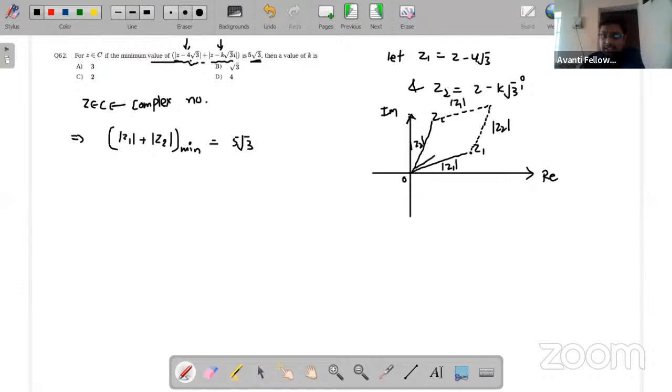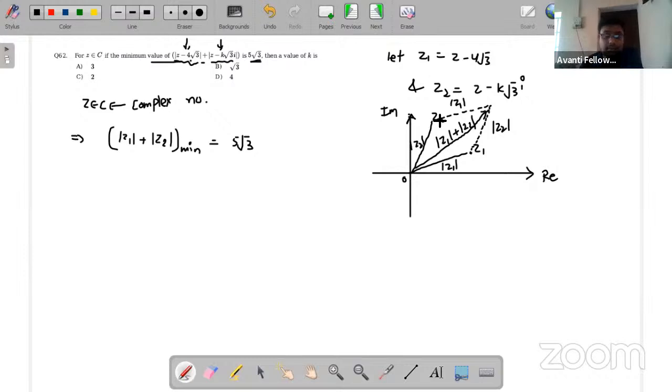So now you can see this net length will be modulus of Z1 plus modulus of Z2, right? And also we can see that sum of two sides is always greater than the third side.